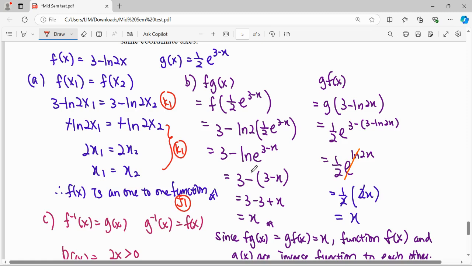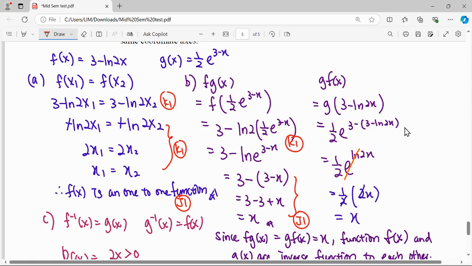Then for question B, to identify whether the relationship between these two functions is inverse or not, we need to see you calculate the composite fg(x) and simplify until you get x correctly.